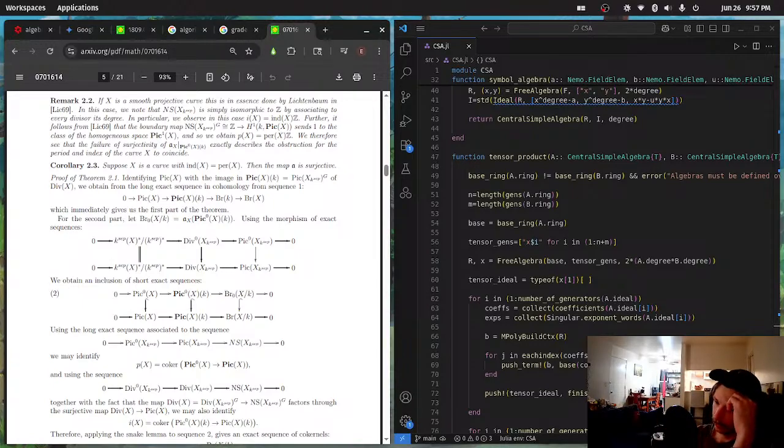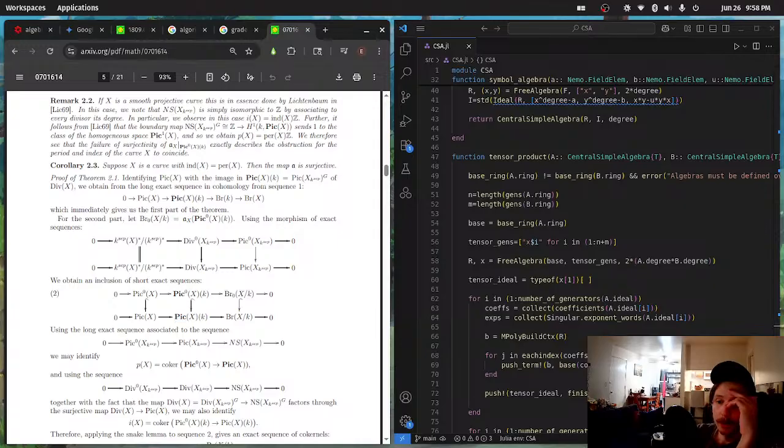So then the question becomes, like, we have this picture. We have a curve on a Severi-Brauer variety, so we know that our Brauer class is in the image of such a thing.